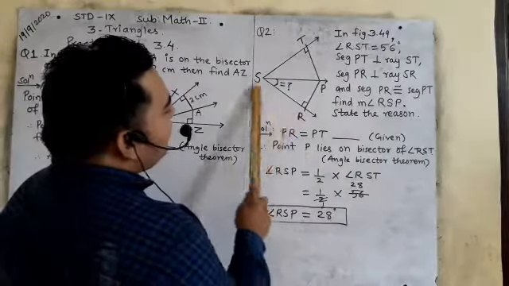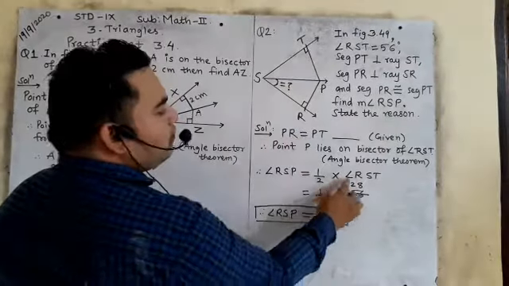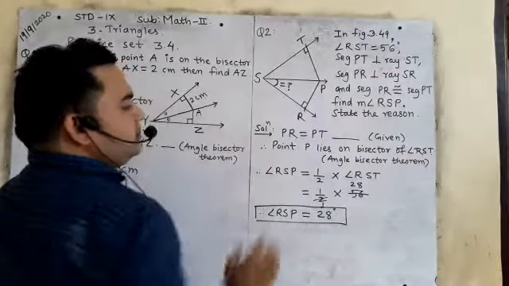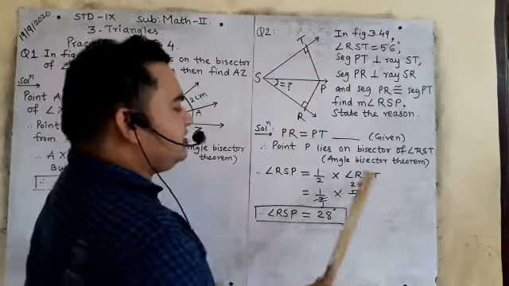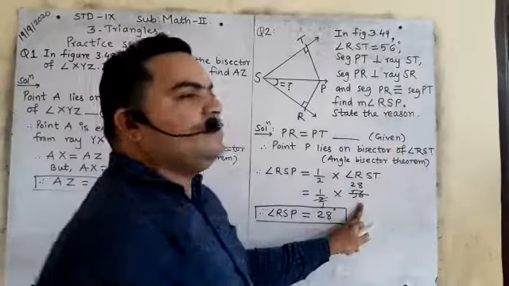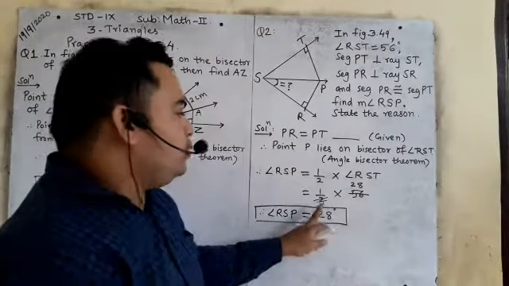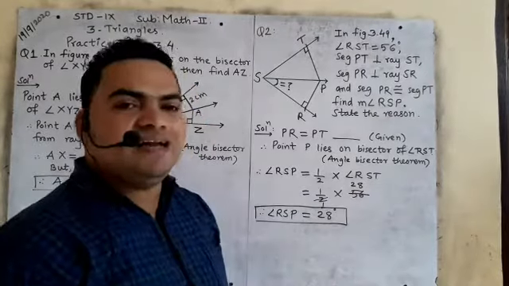Therefore angle RSP will be half of angle RST. Is it clear? Half of angle RST. RST was how much degree given here? 56 degree. So 2 ones are 2, 2 twos are 4, 1 will be left over, 16, 2 eights are 16.